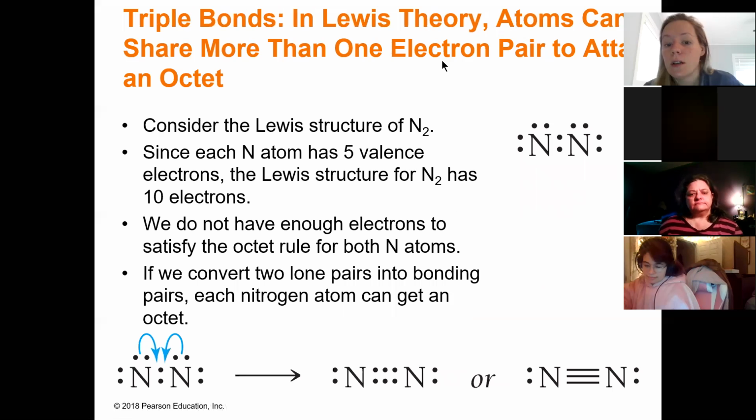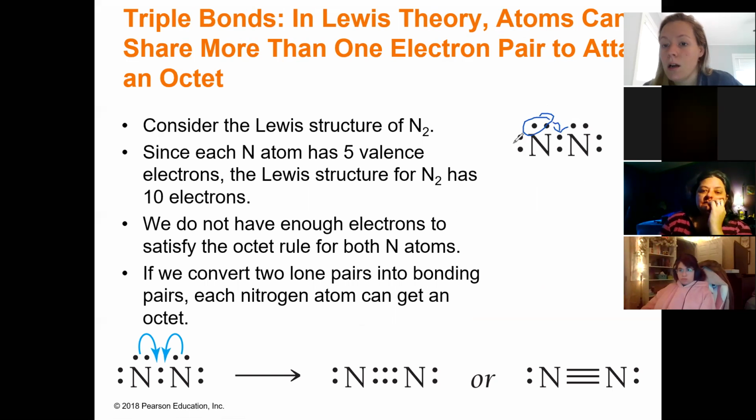What about nitrogen? Nitrogen, each one brings 5 electrons. So if I stick them together, both of them are short. This nitrogen has 6 and this nitrogen has 6. So what we need to do is take this pair and drop it in here. That would give this access to 8, but the other guy would only have access to 6.